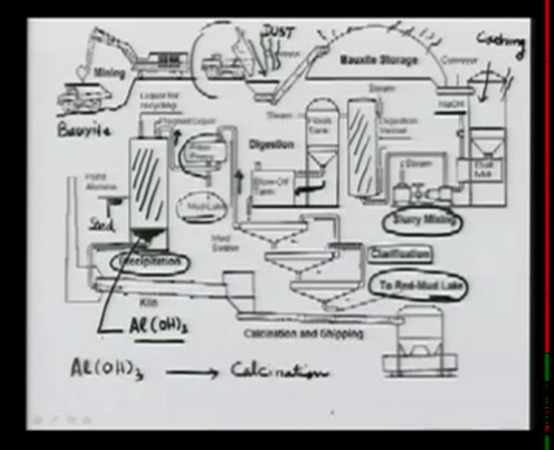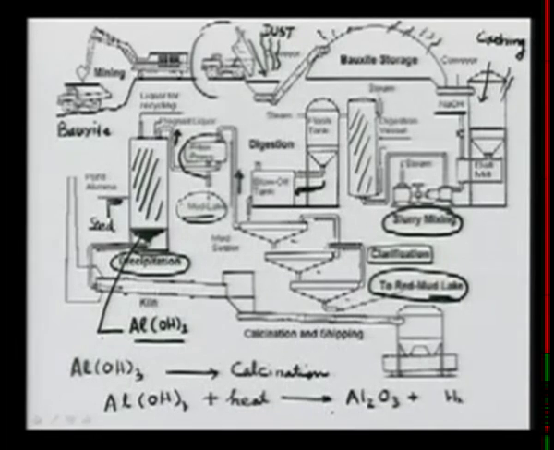We'll see in a moment how the calcination is done, but let me write the reaction as to how the calcination will occur. What we really need for calcination to be accomplished is to supply some heat. If you apply the heat, the reaction that goes through is we get Al2O3, that is what we want to get, plus we get the water out.